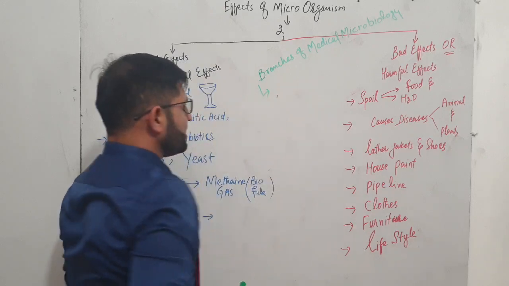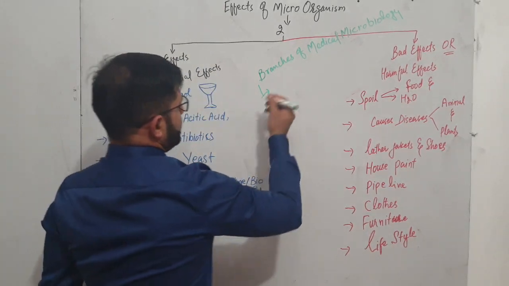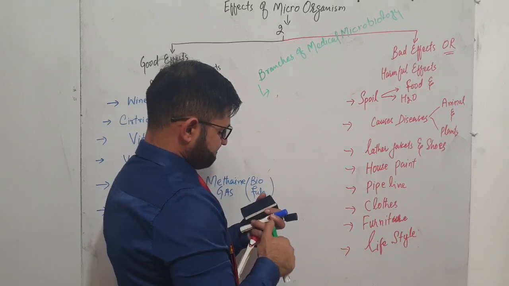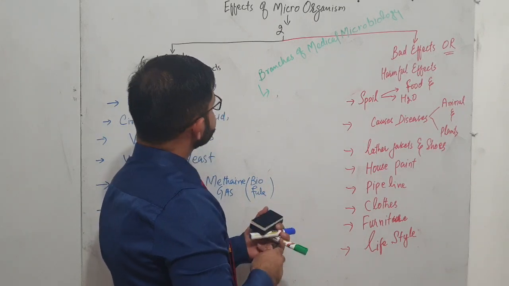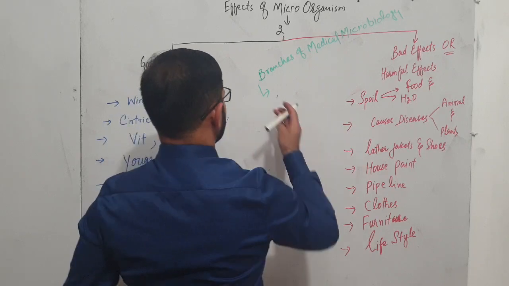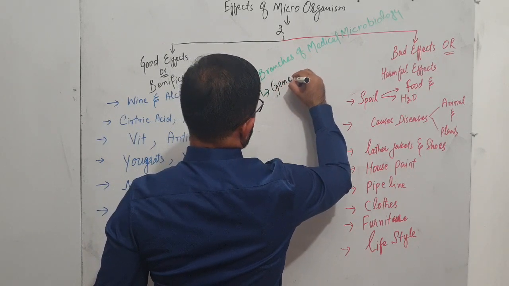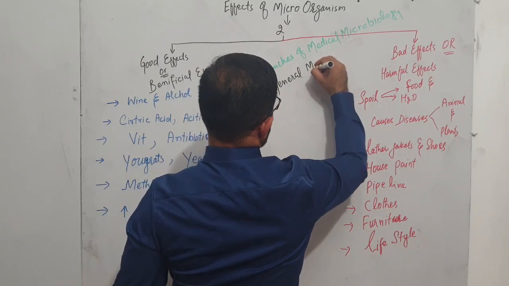The medical microbiology has branches which consist of: the first one is general microbiology.